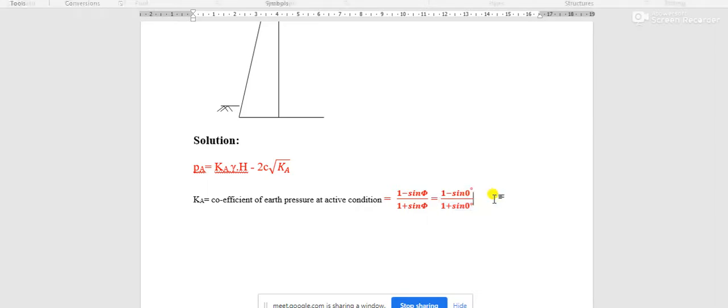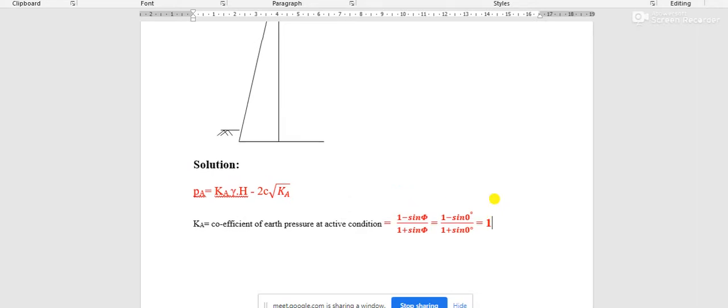Now we know the value of sine 0 is 0, and the coefficient of active earth pressure is here 1, as per the data provided.